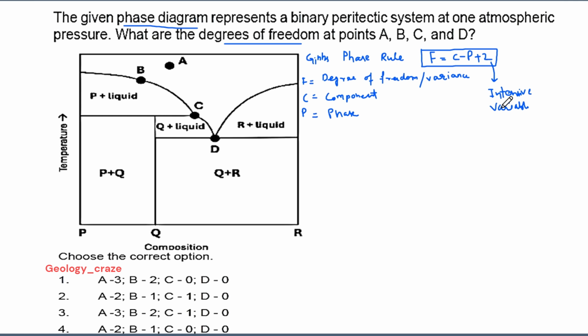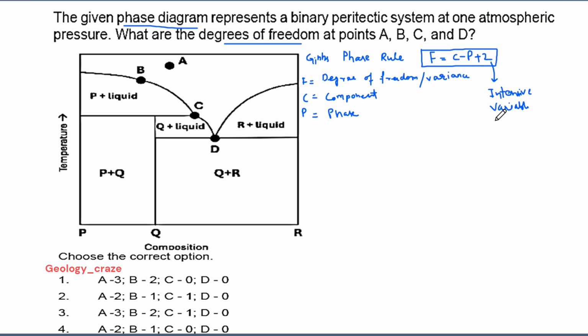In basic exams they may ask what this is, why we are using two, or why we are using one. This type of simple formula question they can also ask. So the next part is, what is this intensive variable?